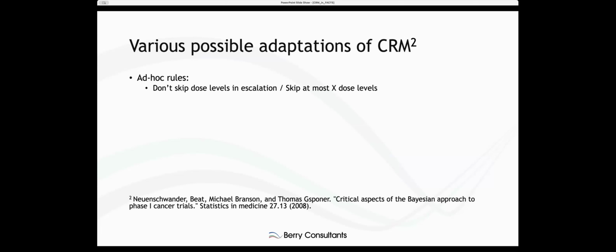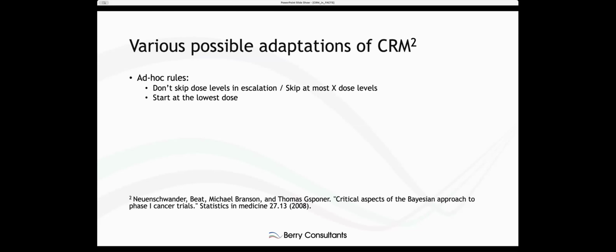Imagine that we started at 100 milligrams and we assigned 3 patients and we didn't observe any toxicities. Then it could be that the model after that thinks that MTD is going to be 150 milligrams as opposed to 125 milligrams, which would be the next step. And if we don't have any rule in place that says we can't skip dose levels, then we'd assign the next patient automatically to 150 milligrams. Whereas we might want to disallow that. We might want to say, well, we don't skip dose levels. And that could be one of these ad hoc rules.